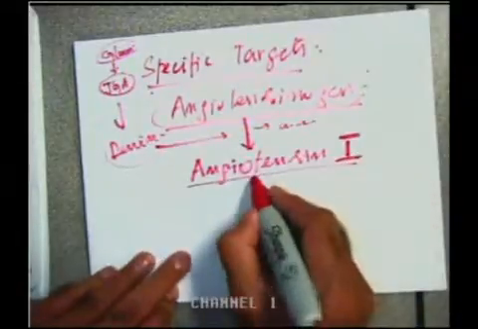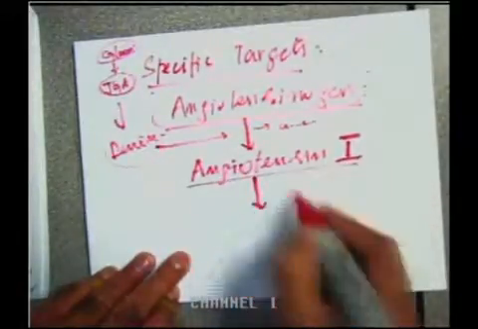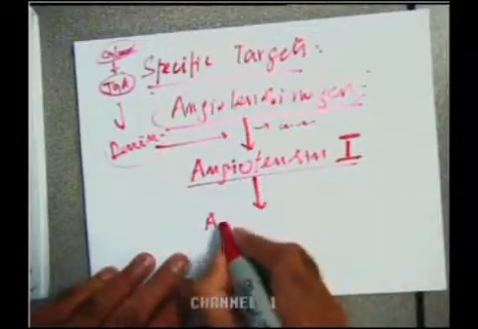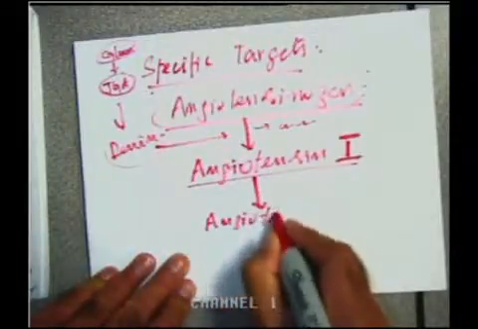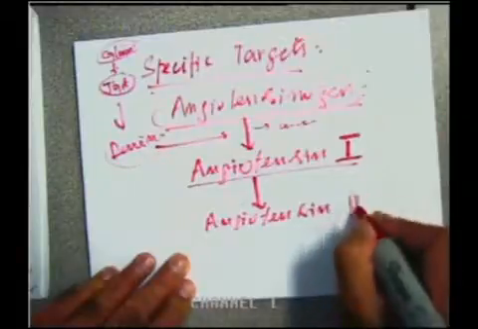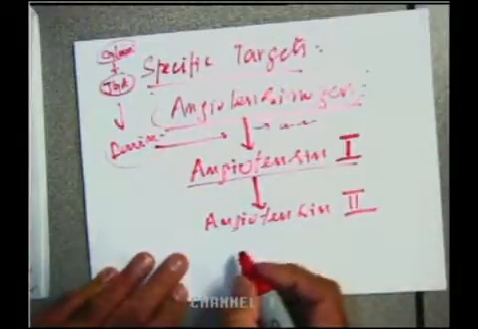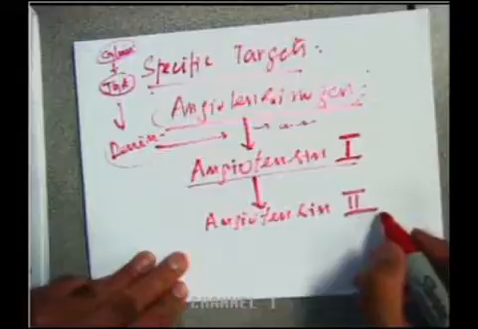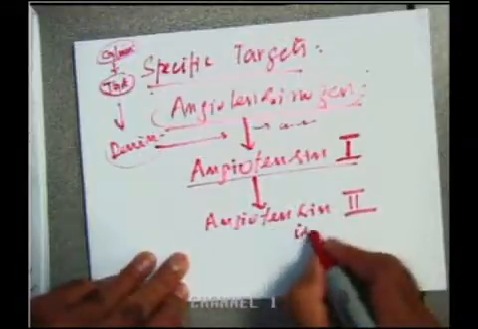This angiotensin 1 will then change to angiotensin 2, which is another isomer.